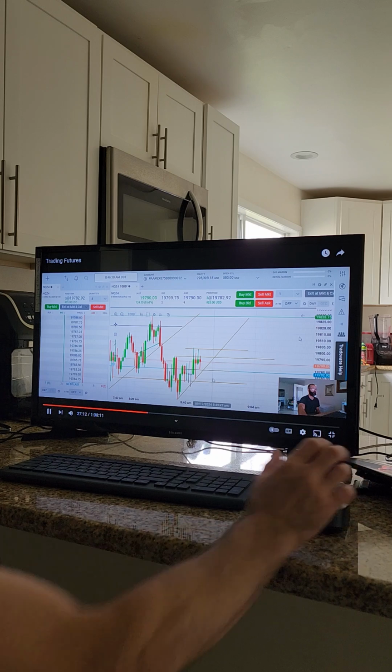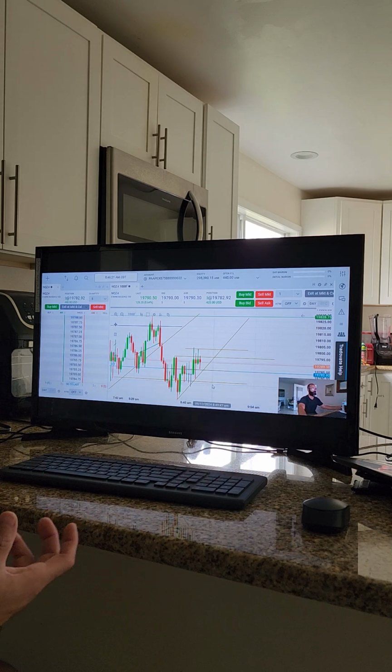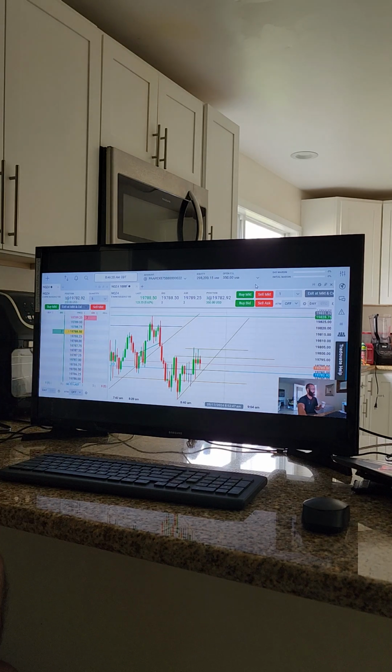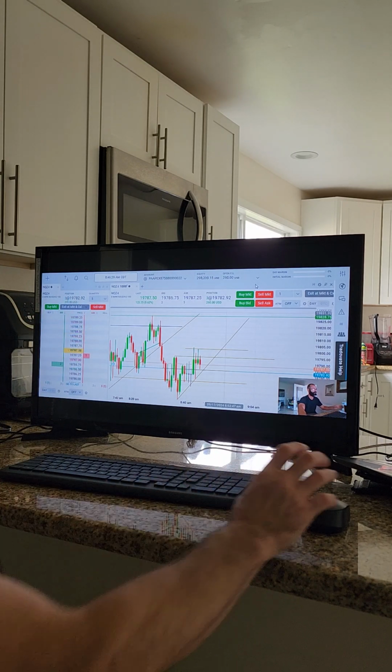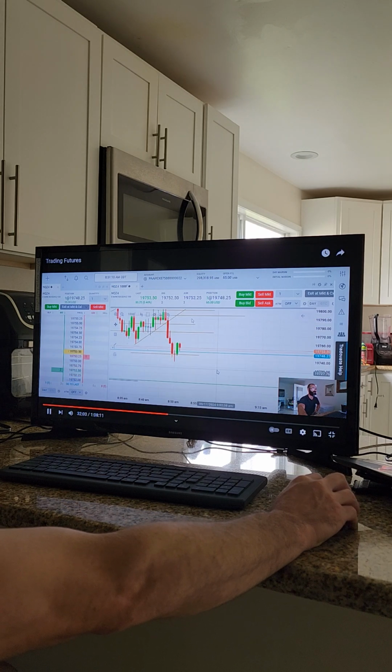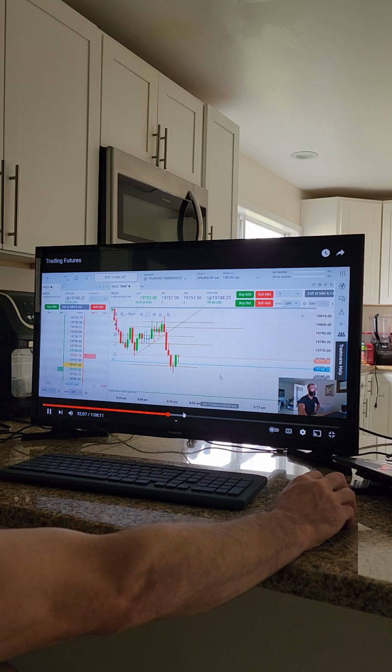Okay, now I'm up. So I'm still in the bullish mindset. But now I'm up to equity of 200,098. So I'm up a little bit. Let's fast forward a little more. Still down $2,000 roughly.